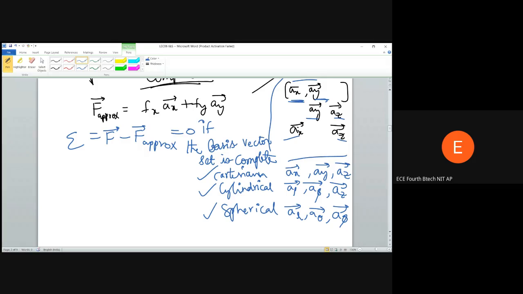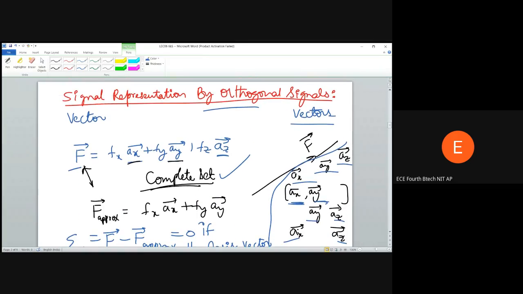Now we apply the same concept to signals, to exactly represent a signal x of t or f of t in terms of other signals. First of all I should find a set which is complete in nature, and not only complete, it should also satisfy the orthogonality principle.